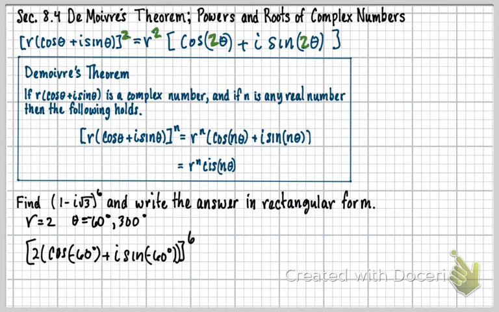Okay, so now I'm just going to use the theorem. That means this is going to be 2 to the 6th, and then cosine of 6 times negative 60 degrees plus i sine of 6 times negative 60 degrees, because remember 6 is my n here, so just keep that in mind.